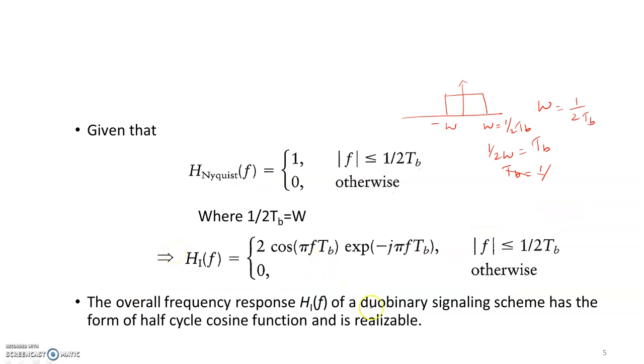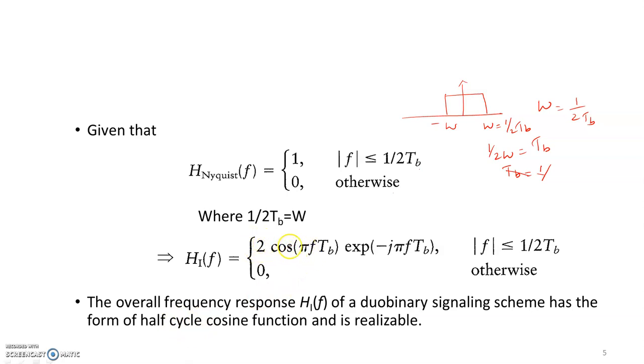So this is the overall frequency response of the duobinary signaling scheme, and you can see the overall frequency response is a half cycle. It is cos pi f tb for |f| less than 1 by 2 tb, so it is a half cycle of a cosine wave. And what will be the maximum amplitude?